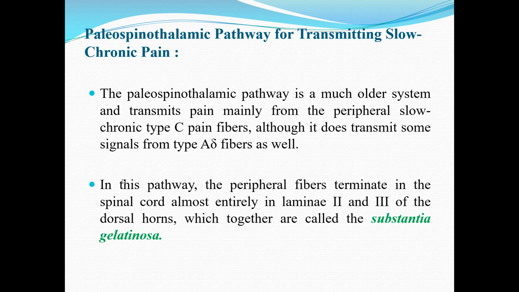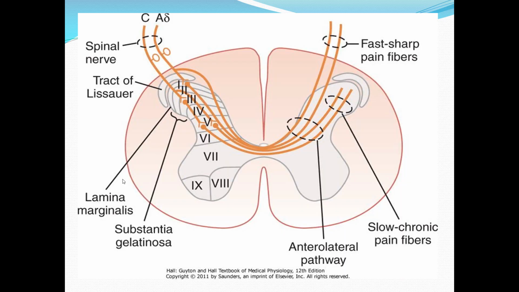And in this pathway, the peripheral fibers terminate in the spinal cord in lamina 2 and 3, which together are called substantia gelatinosa. See, they are going to relay over there at lamina 2 and 3, known as substantia gelatinosa.